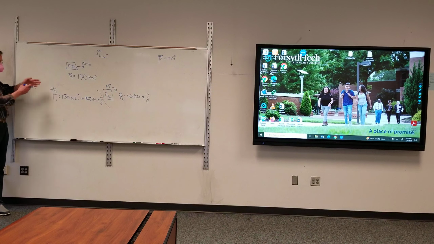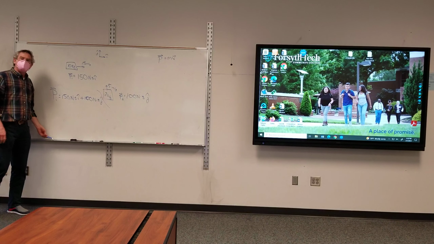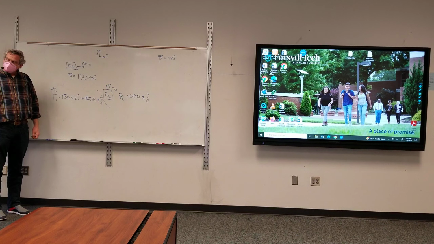You don't have to go any farther than this. If the question is, what's the magnitude of the momentum, then we're going to have to use the Pythagorean theorem. In Mastering, you have to find both.